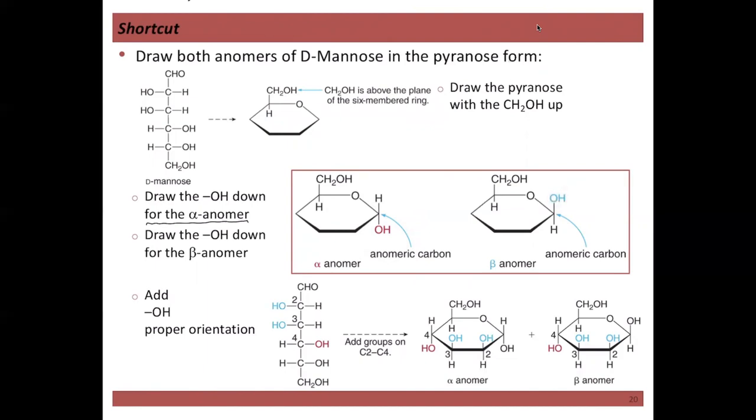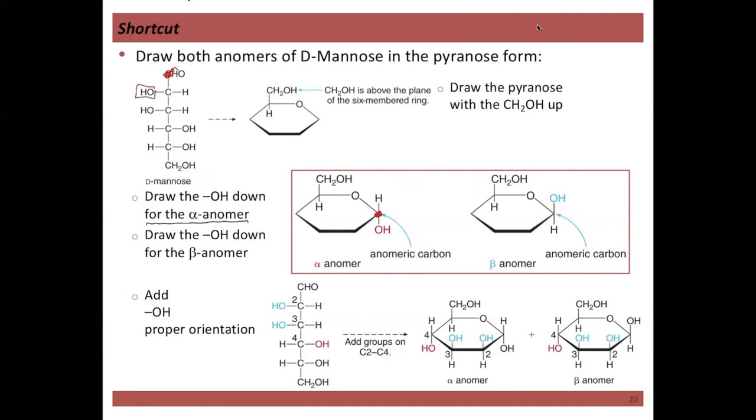And then what we want to do is add the rest of the OHs. So let me color code some things. This carbon right there turns into that anomeric carbon right there. So your carbonyl will turn into your anomeric carbon. So always be able to find your anomeric carbon and understand that in its previous life, that anomeric carbon was a carbonyl. And once we find that, we can see the next carbon over is going to have an OH.